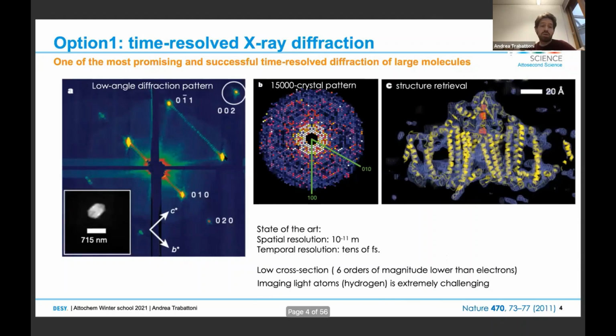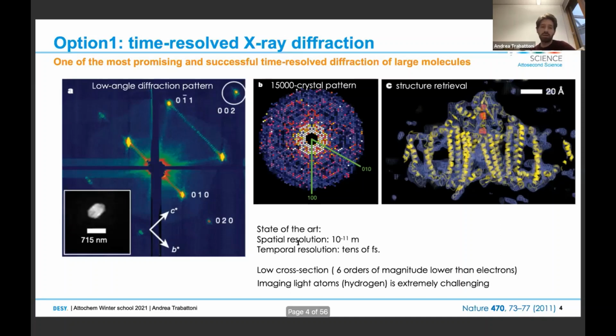The key point was, of course, summing a lot of diffraction patterns. Here you can see the result with 15,000 crystal patterns. And if you have really sophisticated algorithms to retrieve the structure from this diffraction pattern, you can investigate in real time the structure of huge systems such as proteins.